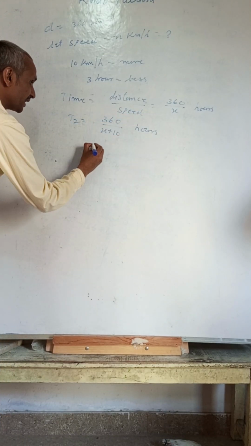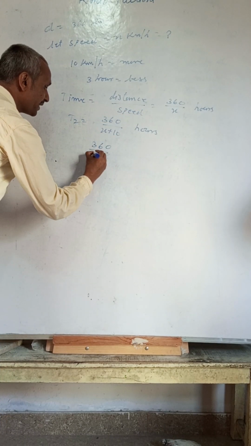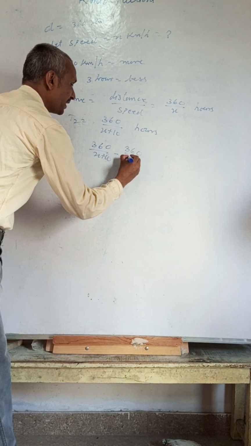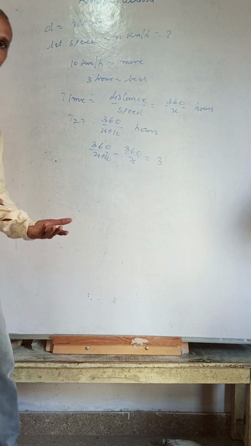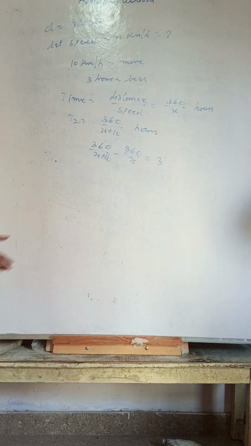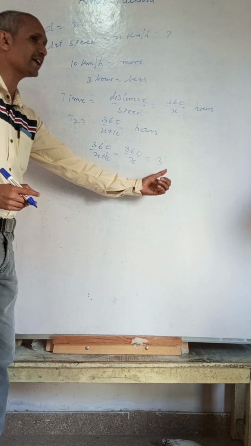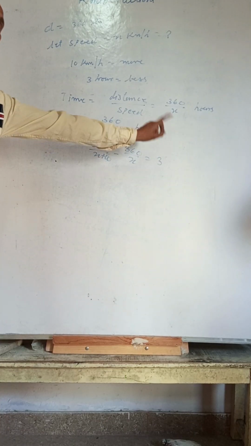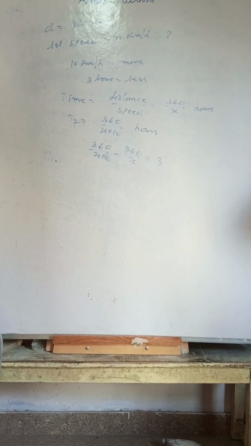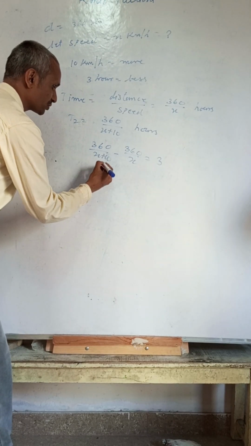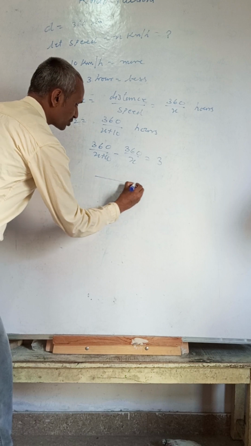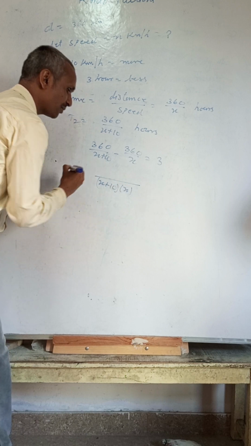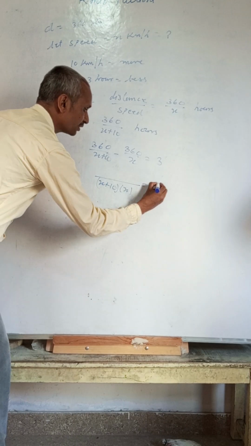So it is telling us that 360 by x plus 10 minus 360 by x is equal to 3 hours. It takes 3 hours less. Now you solve it. Take the LCM of this, which is x plus 10 and x, is equal to 3 by 1.